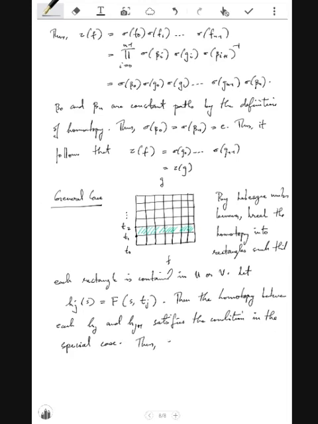Thus, tau of H_j is equal to tau of H_{j+1}, and this implies that tau of f is equal to tau of H_0, which is equal to tau of H_m, which is equal to tau of g. So this completes the proof of step 4.